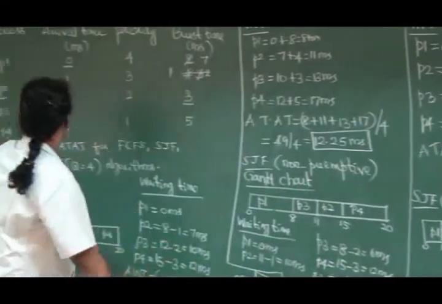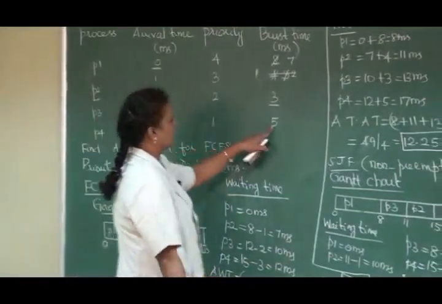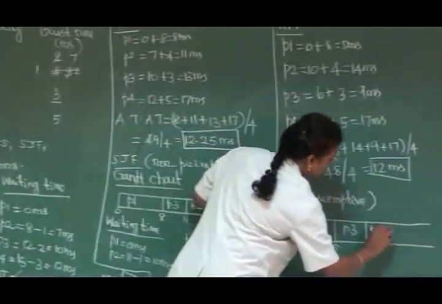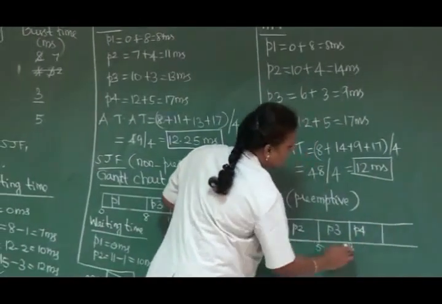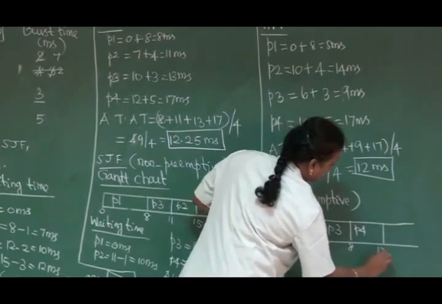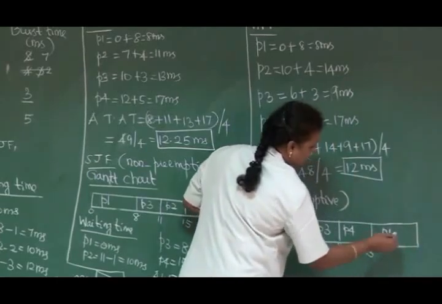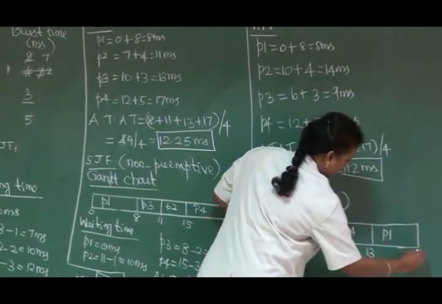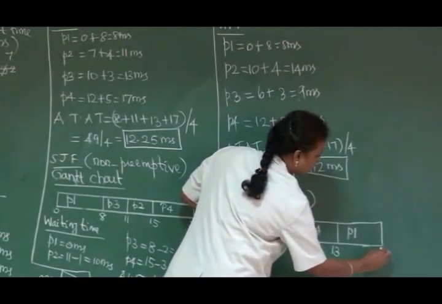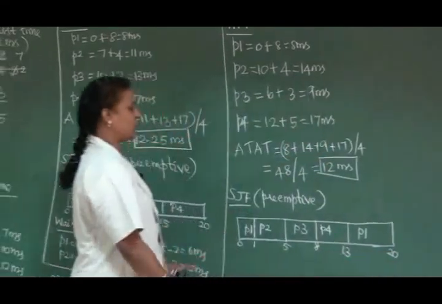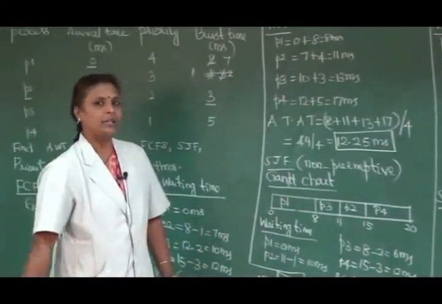And then P4 is getting the CPU and can be executed for 5 milliseconds. So 8 plus 5, 13. And finally P1 with a burst time of 7 can be executed. So it is assigned the CPU, and it continued its execution. So it can complete its execution at the time of 20th millisecond.